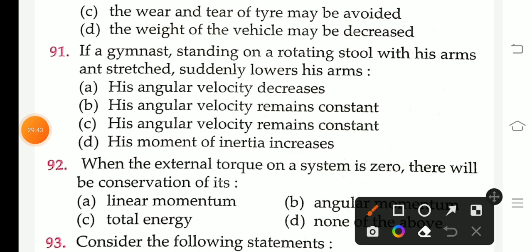If a gymnast standing on a rotating stool with his arms stretched suddenly lowers his arms, his angular velocity remains constant. When the external torque on a system is zero, there will be conservation of its total energy.